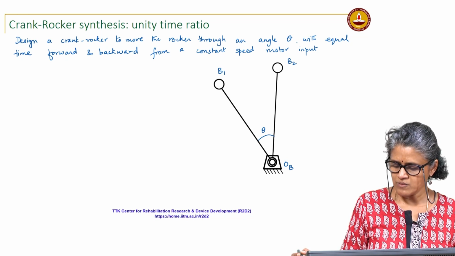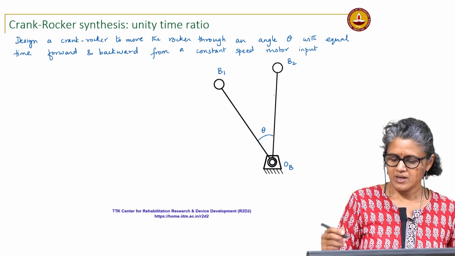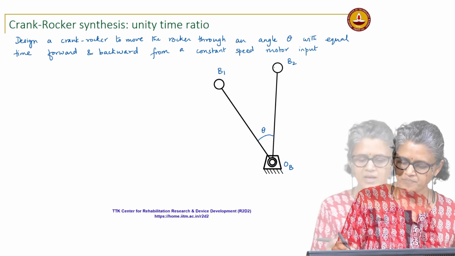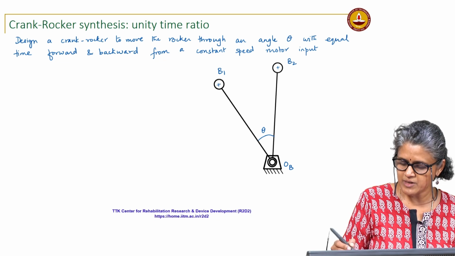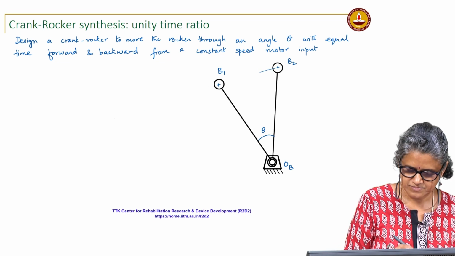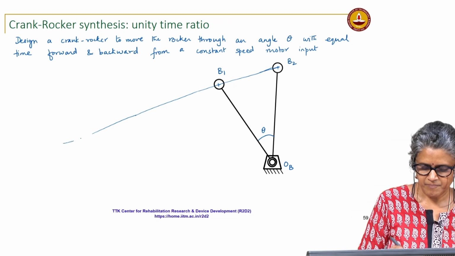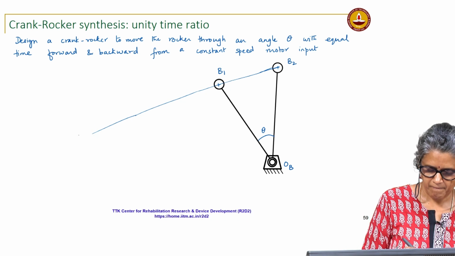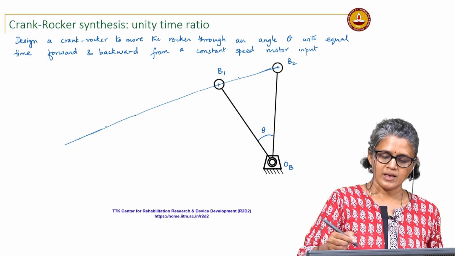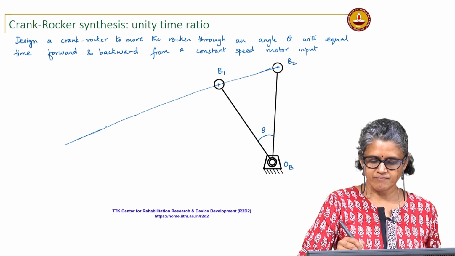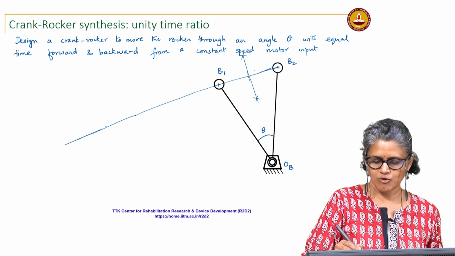Okay. So now let me do this. So I have chosen this, then now I will first do the construction, then it will become clear to you why we do that. So I join B1 B2 and I extend it. Okay. Then I draw the perpendicular bisector of B1 B2.